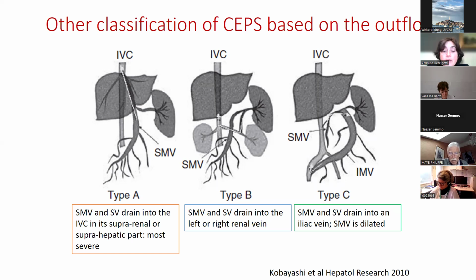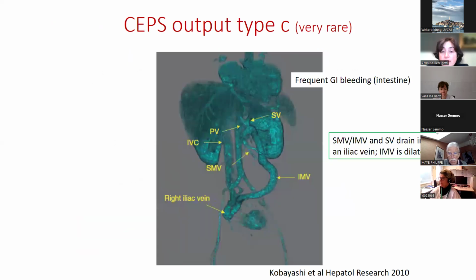You can see that type A is the drainage into the suprahepatic part of the vena cava. The type B is a drainage into the left or right renal veins, and type C, which is rare, is drainage into the iliac vein. And this is a very nice image published showing a type C, which is very, very rare.